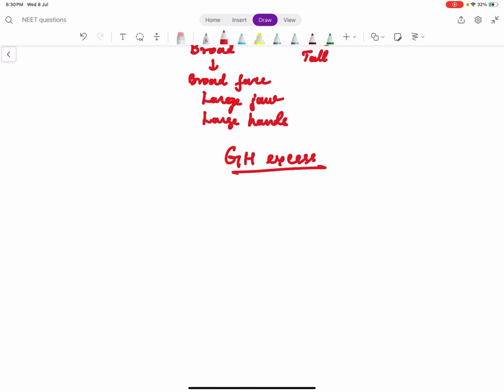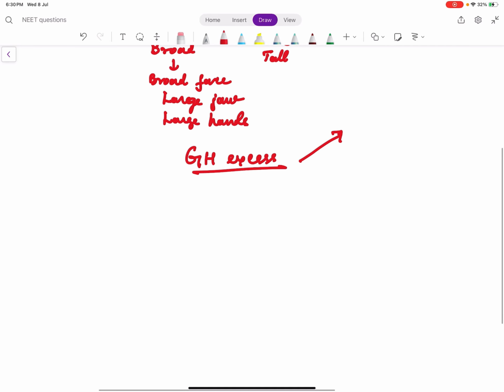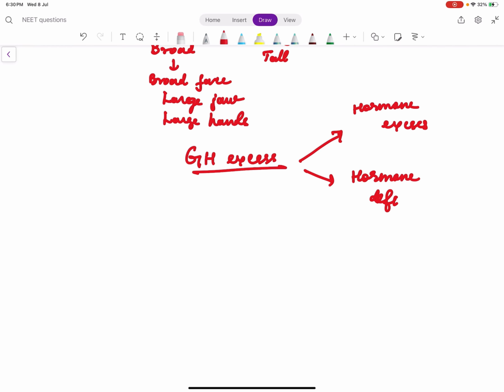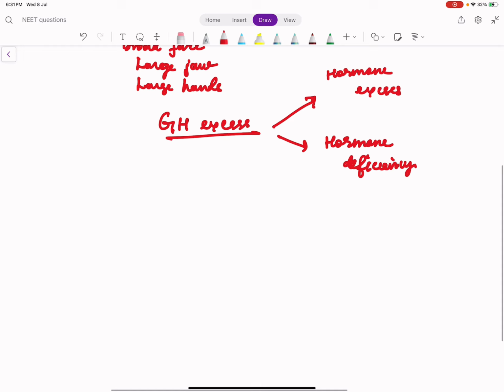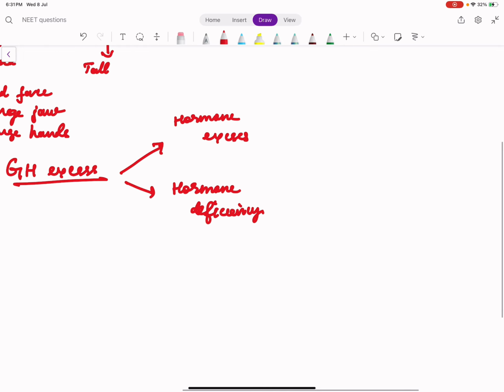Remember, in endocrinology, there are only 2 possibilities. A hormone can be in excess, or a hormone can be deficient. When do you say a hormone is in excess?